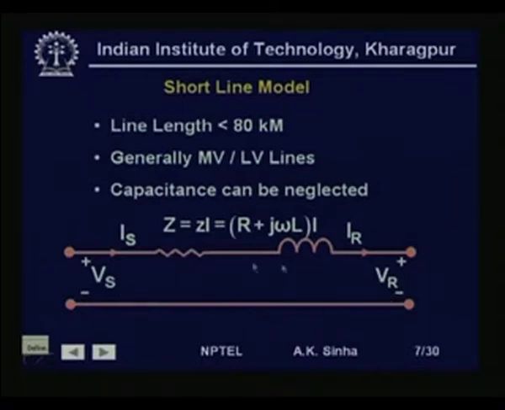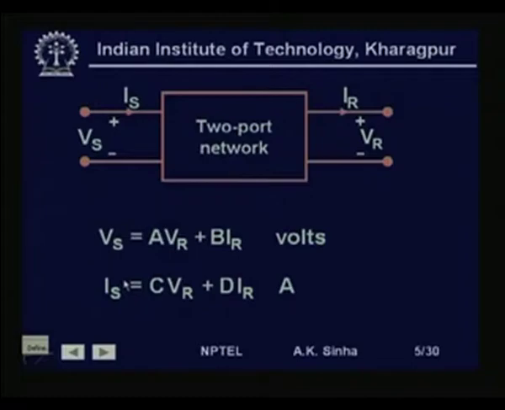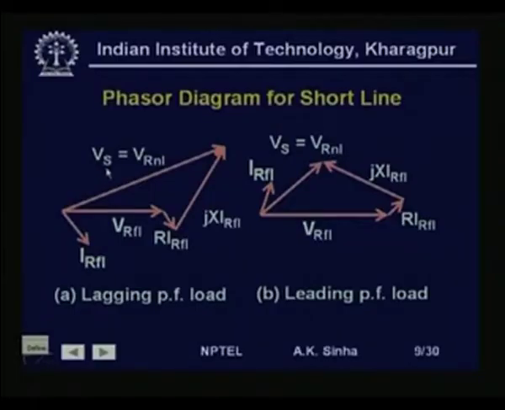So, V r at no load is equal to V s. That is what we have shown here, that V s is equal to V r at no load. This we require for calculating regulation, as we will see later.